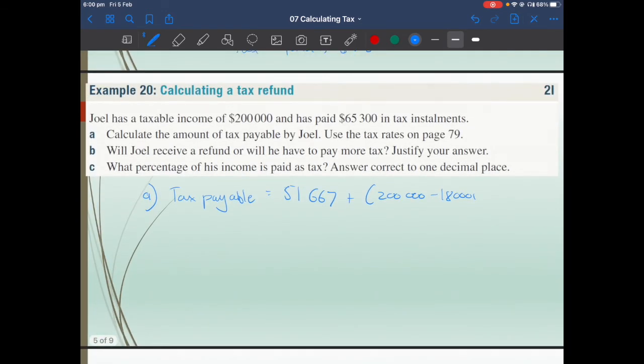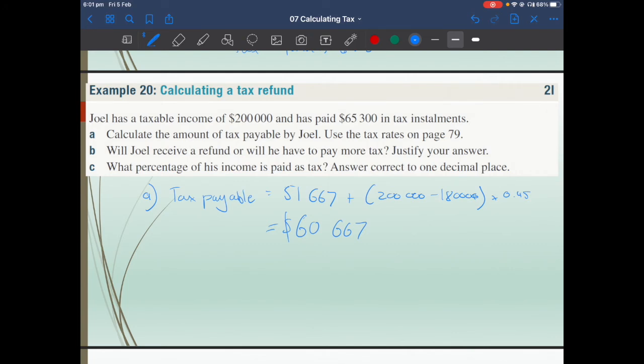That's just 180,000, and he pays 0.45. And if you put this into your calculator, you get $60,667.